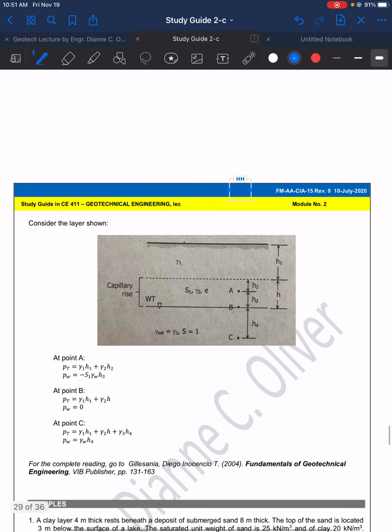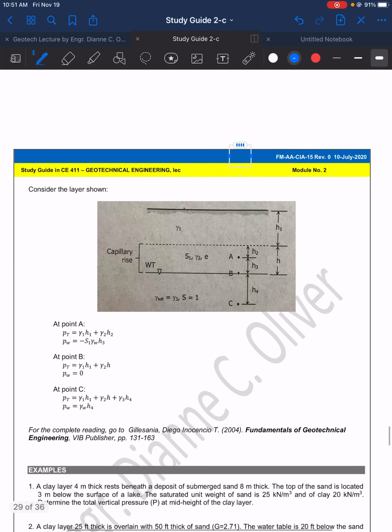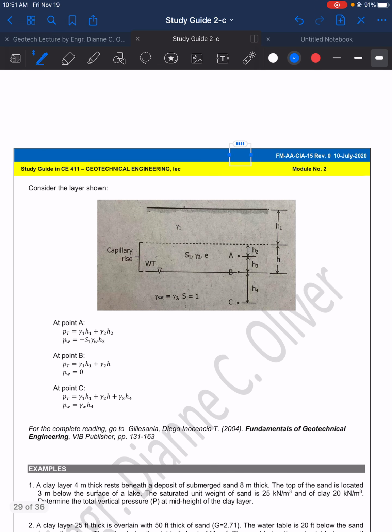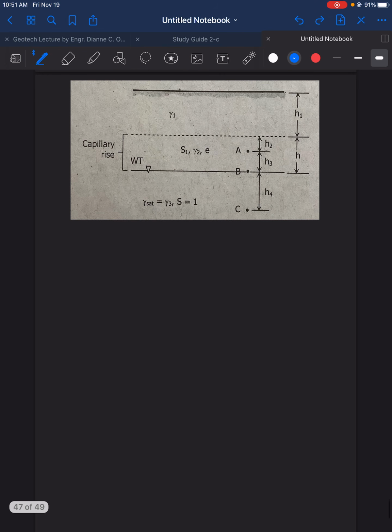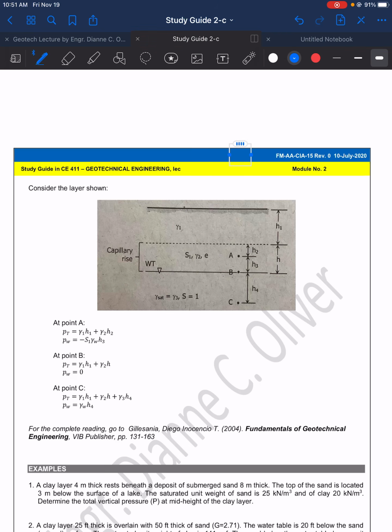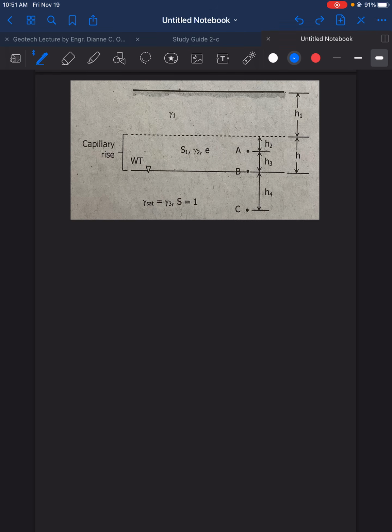Right? So consider the soil layer shown. In our study guide, there's already a calculation there, so let's see how these calculations were derived. We have here the soil layer.